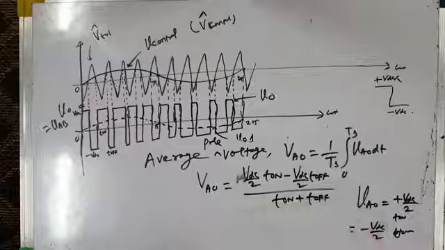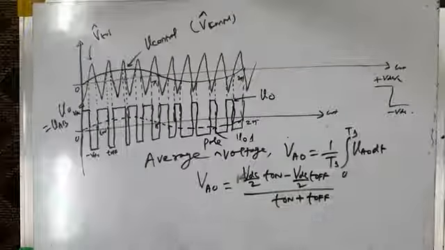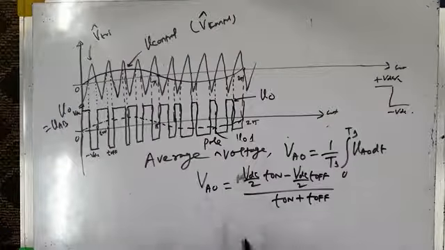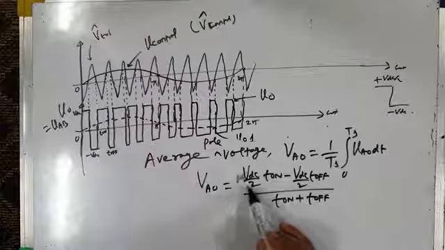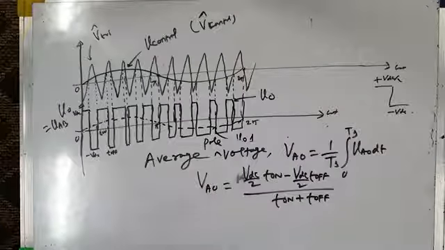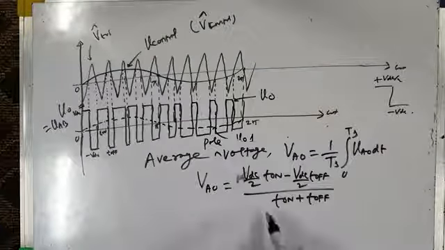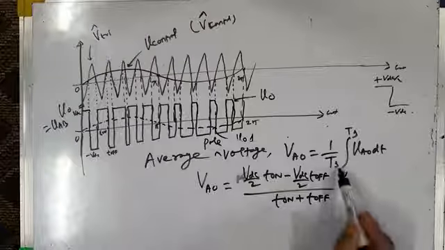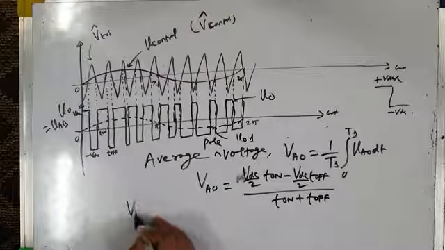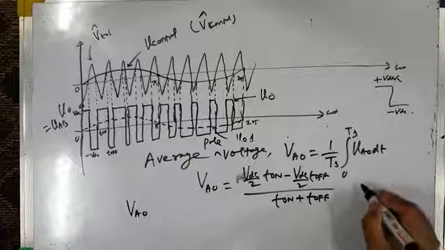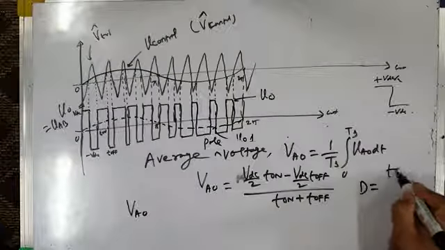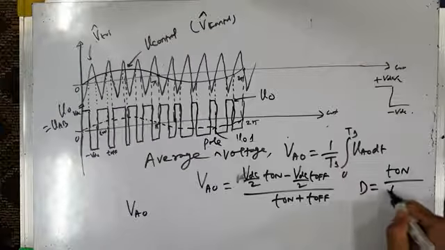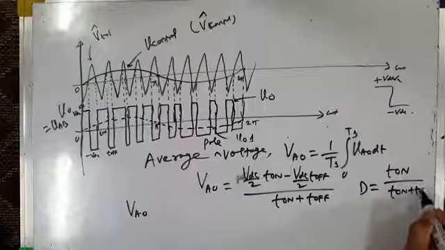It's just like a DC to DC converter. In a DC to DC converter, how do you find the converter average output voltage? You substitute the voltage during on time, the voltage during off time, divided by the total on plus off period, which is TS. What is the duty ratio of a switch? In a DC to DC converter, you know that duty ratio is defined by T on divided by T on plus T off.